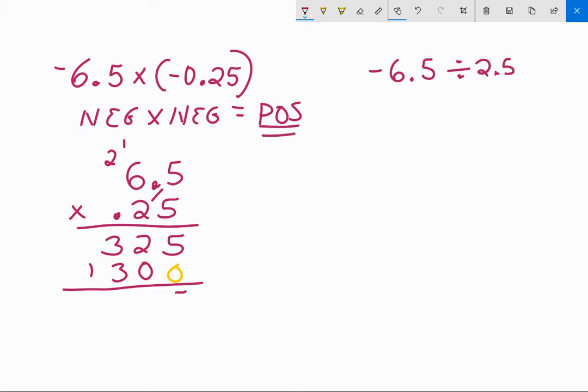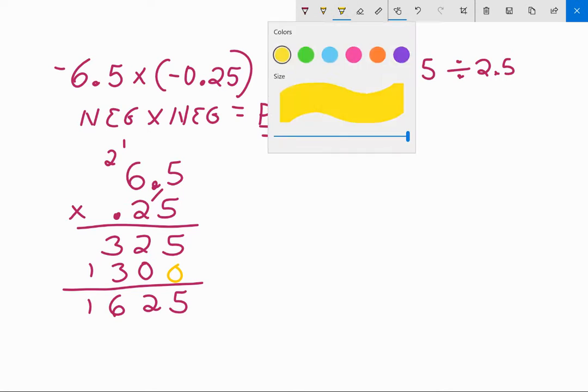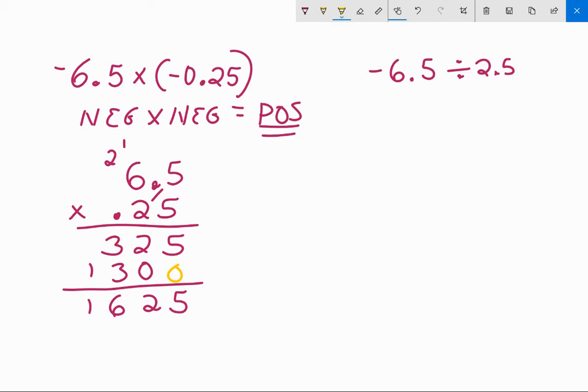Add these up. 5 plus 0 is 5. 2 plus 0 is 2. 3 plus 3 is 6. And then you have the 1. Be careful with placing the decimal point in your answer.